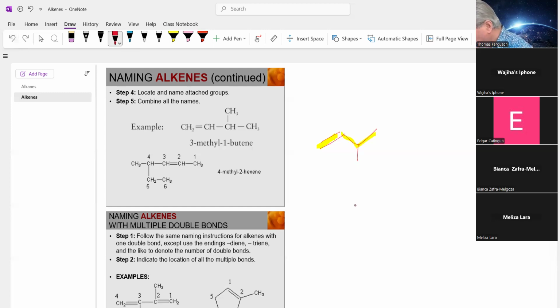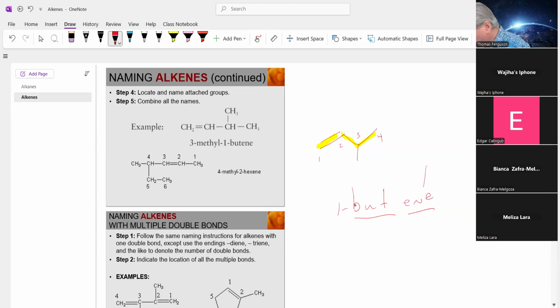Whenever we have a functional group, we have to say which carbon it lands on. We name it via the numbering scheme as we talked about before. If we number from left to right, we get the functional group the lower number. So it's going to be 1-butene.